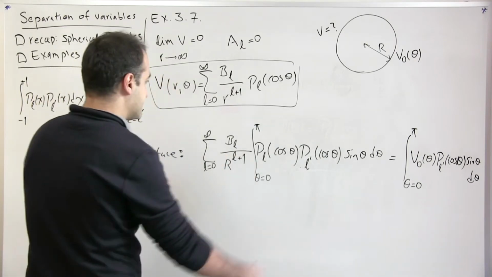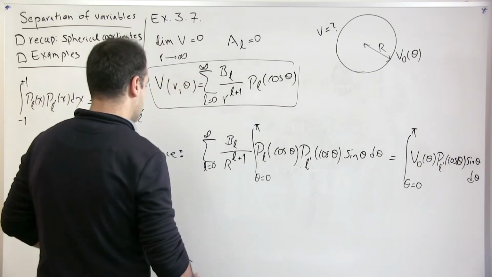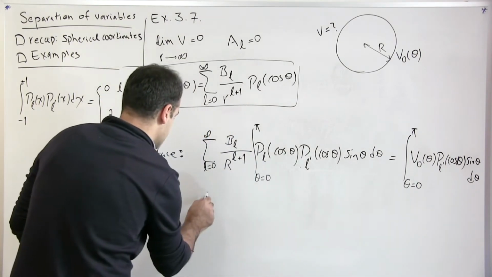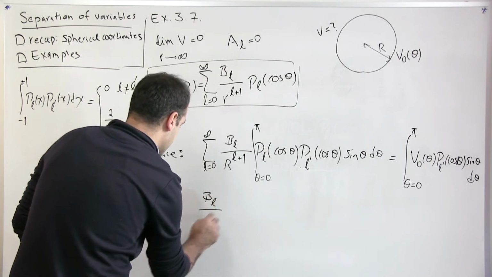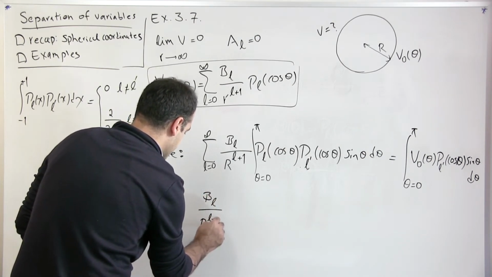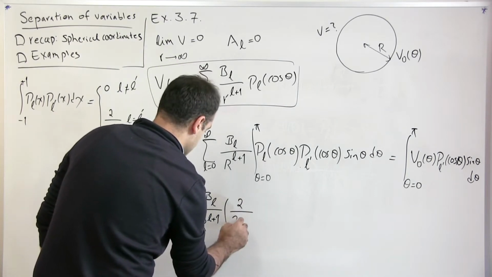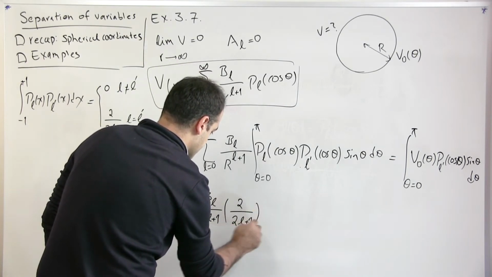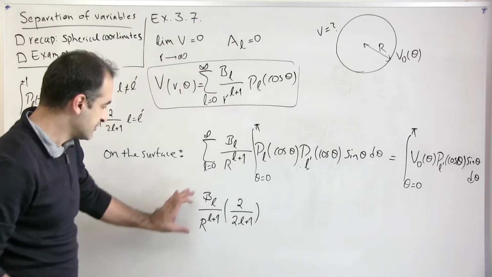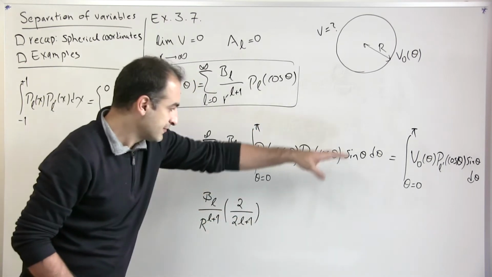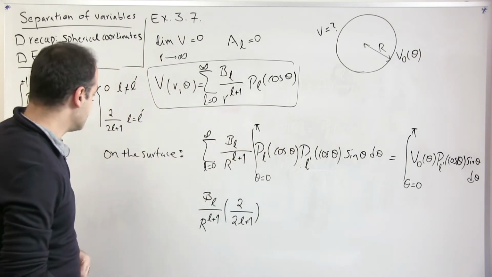And that makes the integral 2 over 2L plus 1. So what we have from the whole left-hand side is BL divided by R to the power of L plus 1 times 2 over 2L plus 1. Okay, so this is the first term here. And this is the term from the integral when L is equal to L prime.